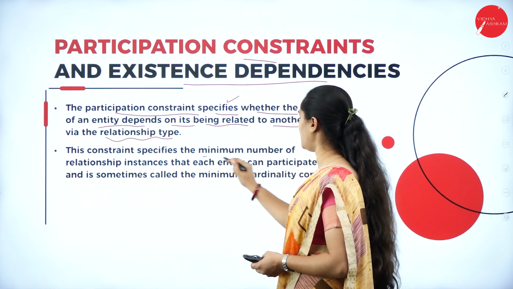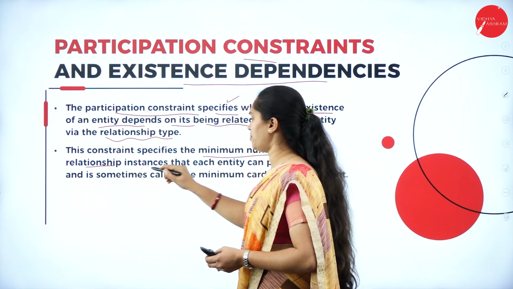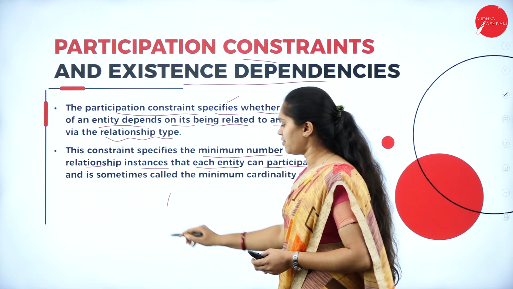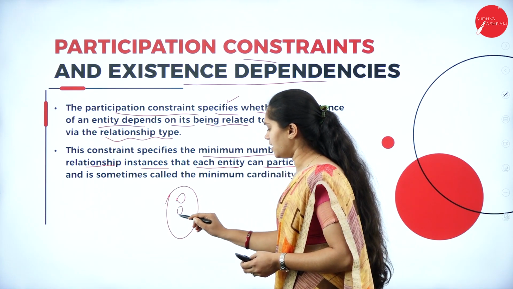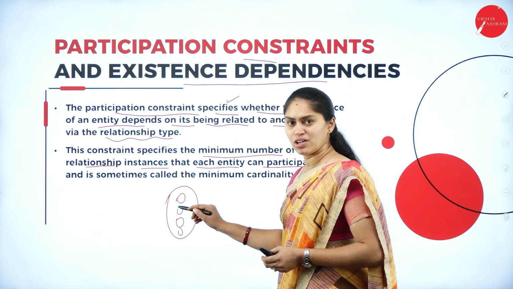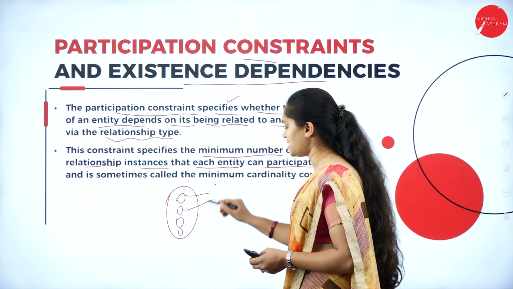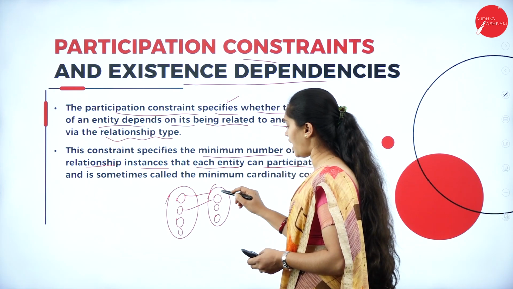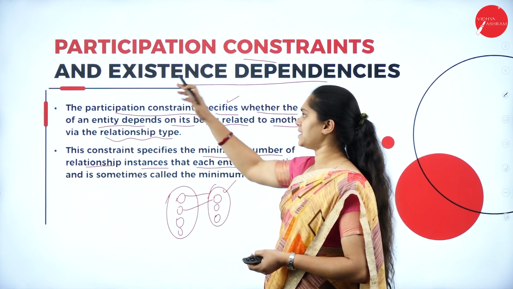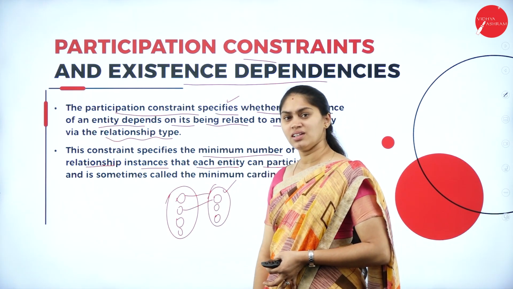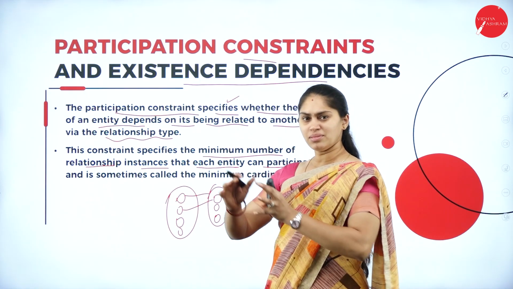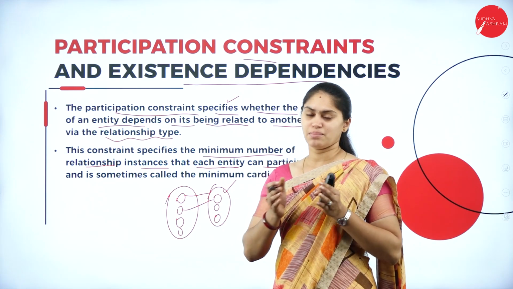This specifies the minimum number of relationship instances that each entity can participate in. If I have 5 entities here, what is the minimum number of entities that are going to participate in the relationship with instances of another entity? That is going to specify the participation constraint. For example, if you are conducting an event, a minimum of 10 students should participate from the class.